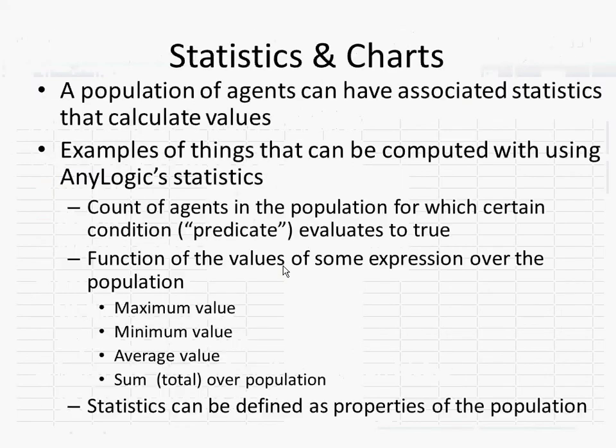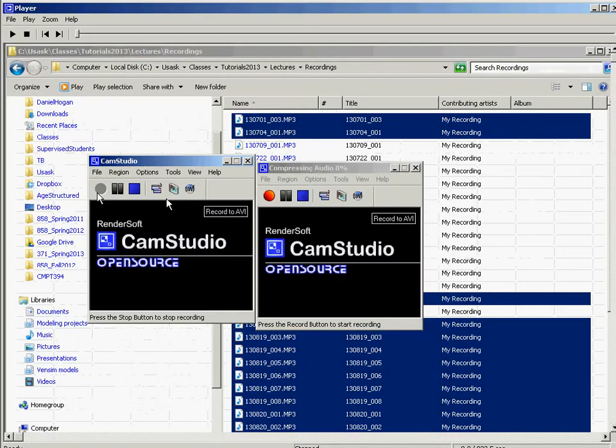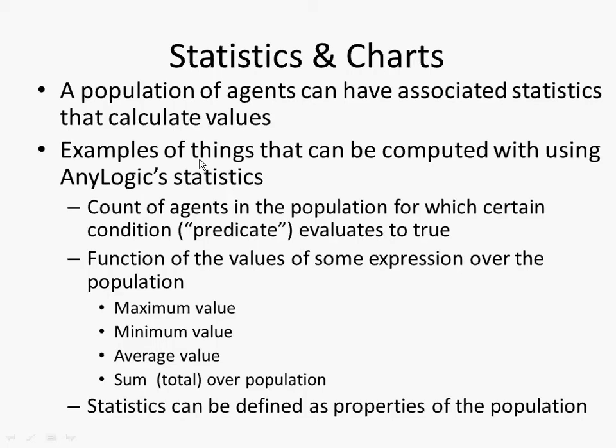Okay. So the deal here is a population of agents can have statistics that calculate values. So you can very easily define statistics for a population, computing summary statistics regarding the state of the population. Some examples of things you can do with it are a count of agents that fall within a certain category, in other words, which observe some condition, which have some characteristics that you specify.